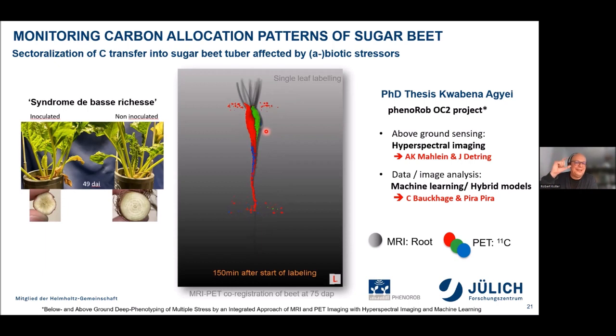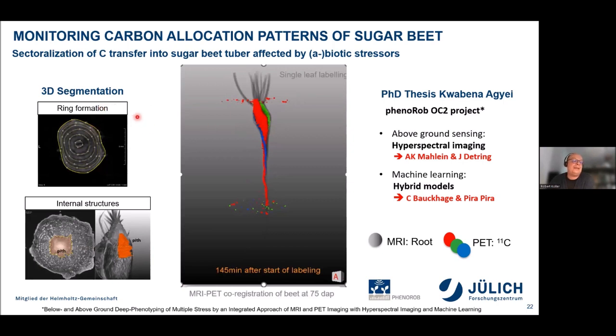So we are trying to combine the shoot and the root information of the response to a biotic stressor. To answer this question from below ground, of course, we need to adapt our system so we can easily and non-invasively get some information on the ring formation, on the structural information, and also identify some internal structures that hopefully give us more insight into the mechanistic responses of plants to these kinds of stresses.